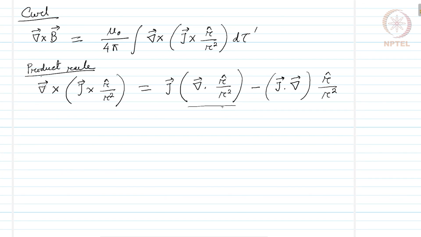So, this gives us 4 pi Dirac delta curly r vector. And how about the second term?